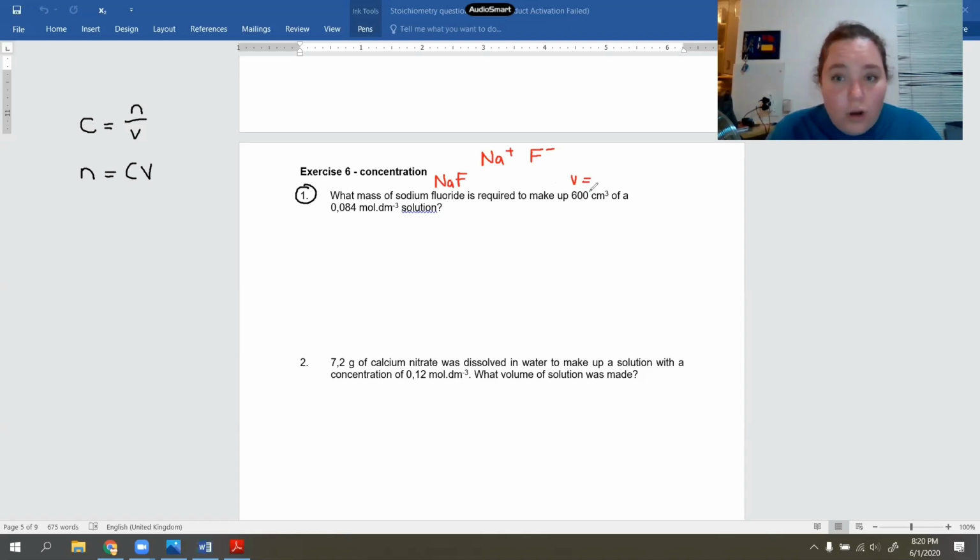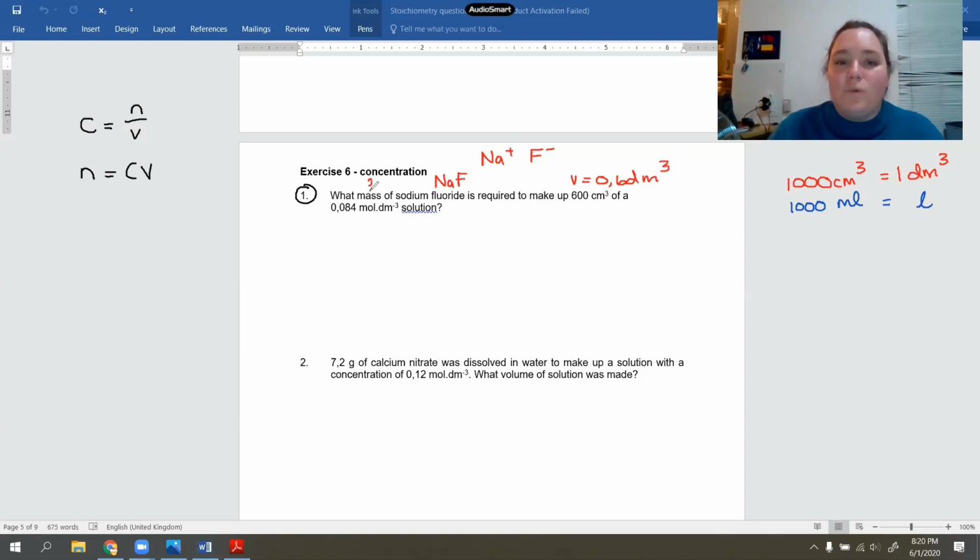Now remember, you do not work in centimeters cubed, and you need to know that 1,000 centimeters cubed is 1 decimeter cubed. Something that you may not know, a centimeter cubed is a milliliter, and a decimeter cubed is a liter, and there are 1,000 milliliters in 1 liter. Okay, so my volume here of 600 centimeters cubed becomes 0.6 decimeters cubed.